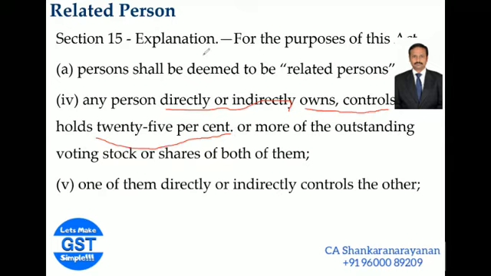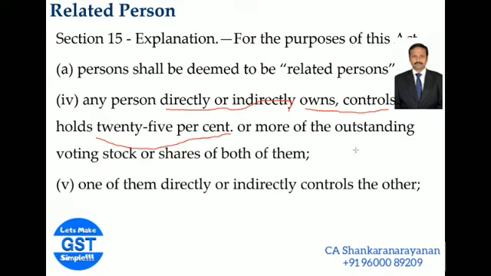If they directly or indirectly own or control 25% or more of the outstanding voting stock or shares, I will hold, my father holds, my wife holds, together we hold more than 25%, then we become related persons to that organization.